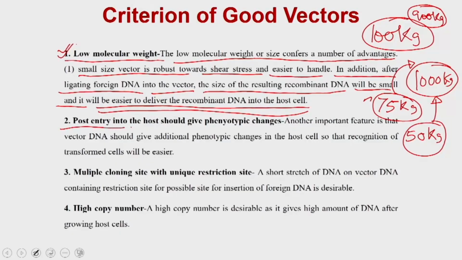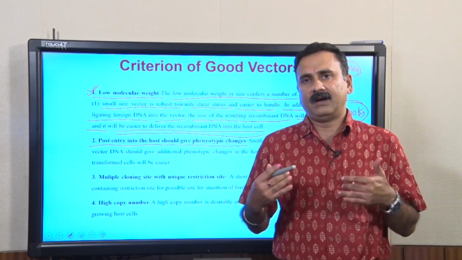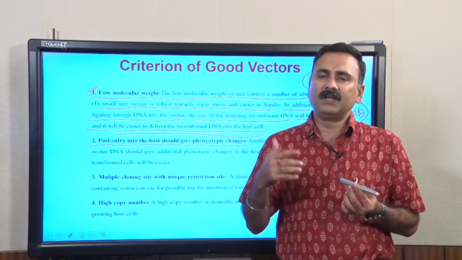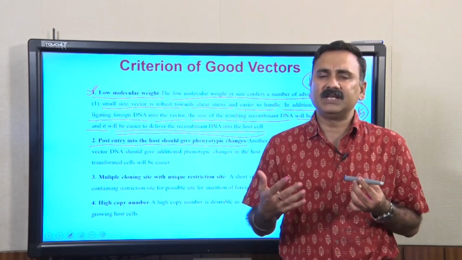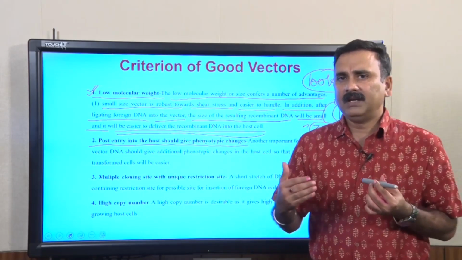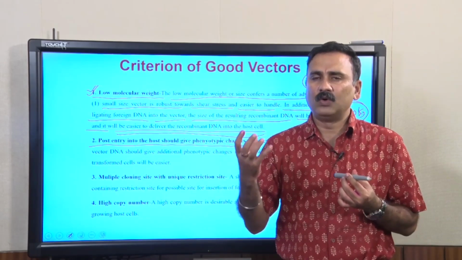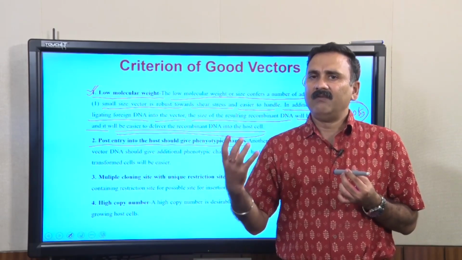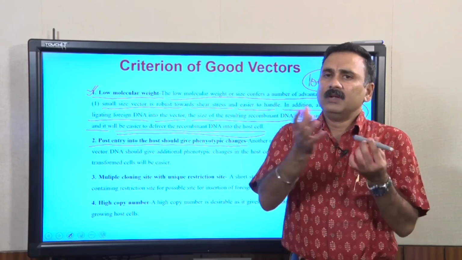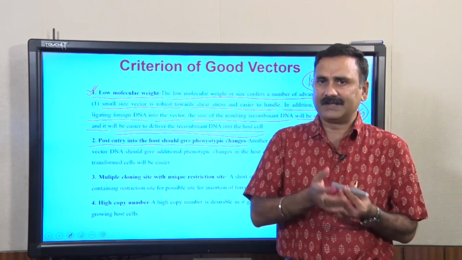The second property which is also very important for a vector is that it should give you phenotypic changes in the host. When it enters into the host cell, it should give you phenotypic changes. How it is important is that once it starts giving phenotypic changes, it is easier for us to isolate the host cell which is having the vector which you have put, compared to the untransformed host cells.